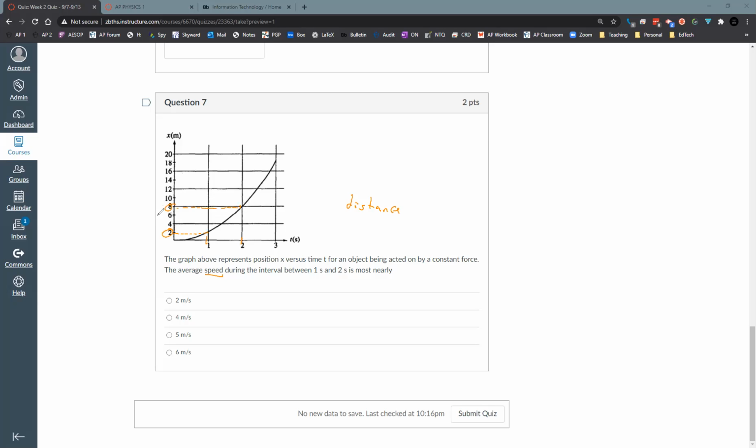So we went from 2 meters to 8 meters, which means we traveled a distance of 6 meters. And we did so in 1 second. Don't forget average speed is distance divided by time. So it's 6 meters divided by 1 second, because it was 1 to 2 seconds. This is an interval of 1 second. So 6 meters per second would be the correct answer.